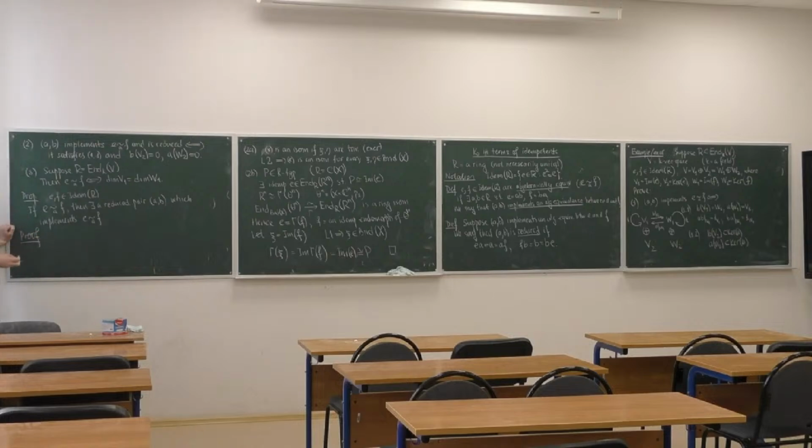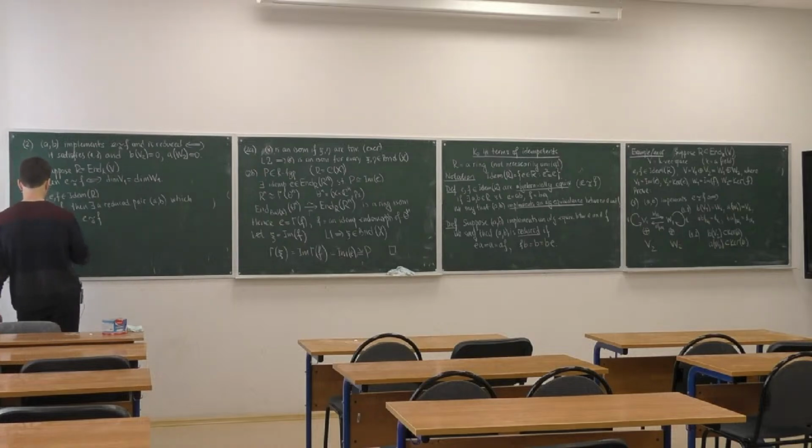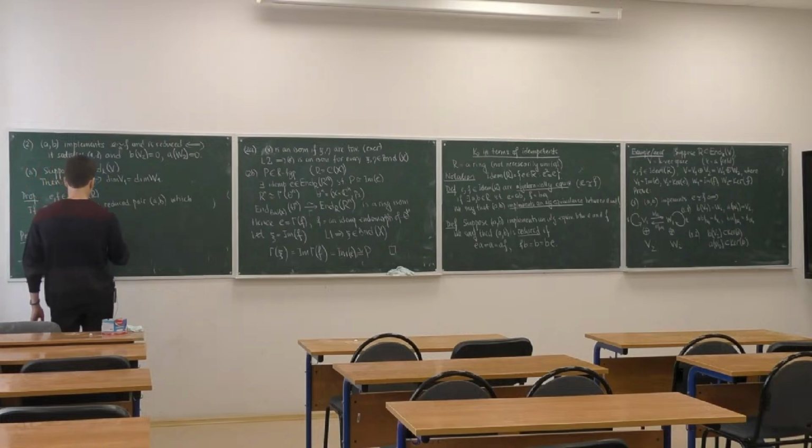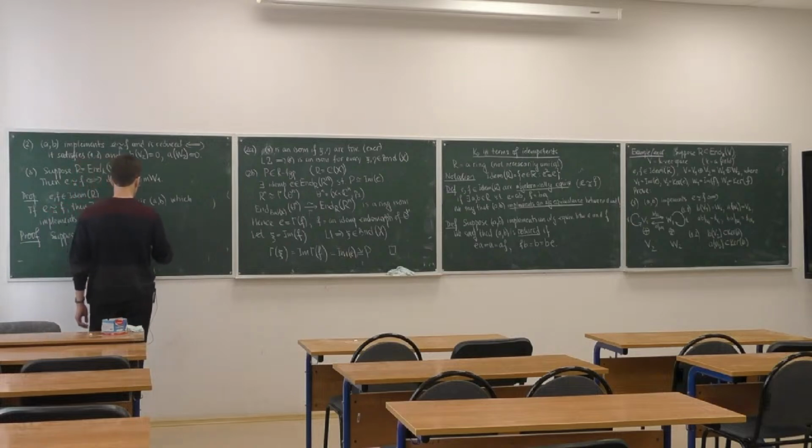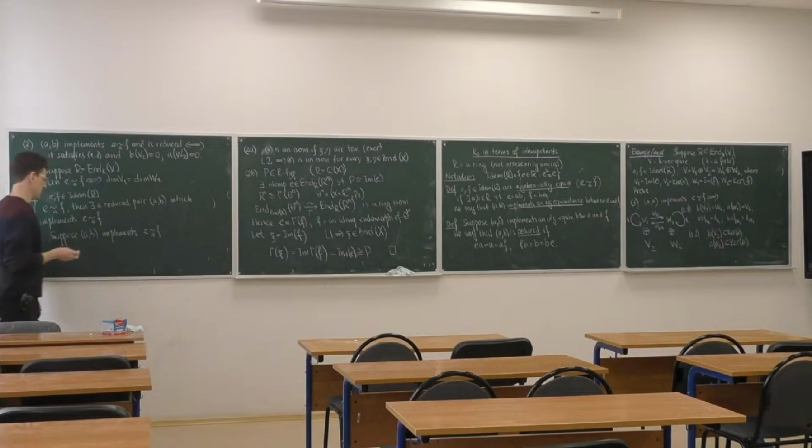We take any pair which implements an equivalence. Suppose that a pair AB implements an equivalence between E and F. It is not necessarily reduced, so let's try to make it reduced.